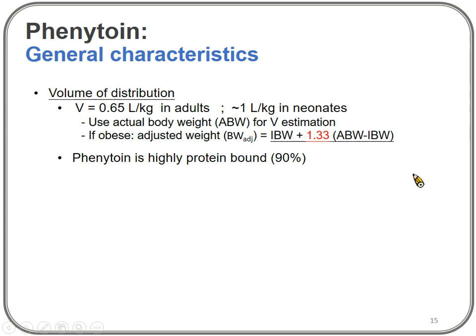However, if we are dosing for the obese, or estimating the volume of distribution, remember to use an adjusted body weight: the ideal body weight plus 1.33 times the difference between the actual body weight and the ideal body weight.